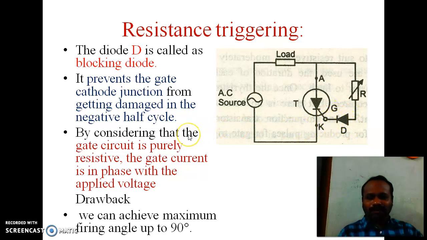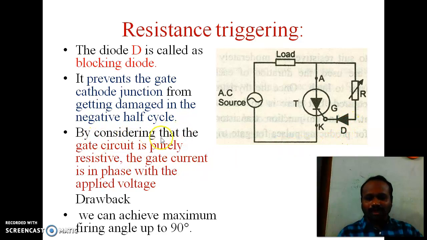By considering that the gate circuit is purely resistive, in the gate circuit we are having a variable resistance and diode. If you consider the resistance of this diode to be negligible, then this total circuit will be considered as a resistive circuit. We know that in a pure resistive circuit, the current and voltage are in phase.